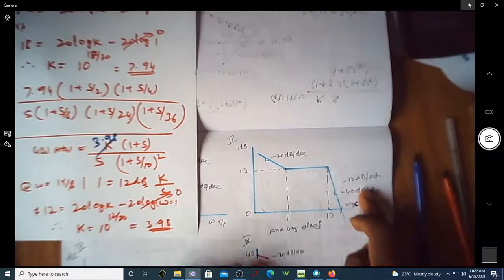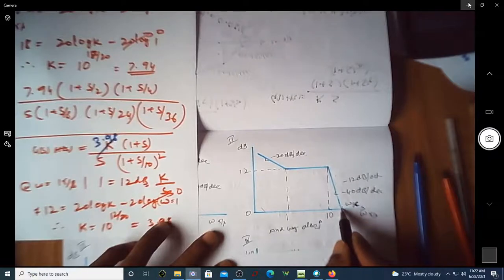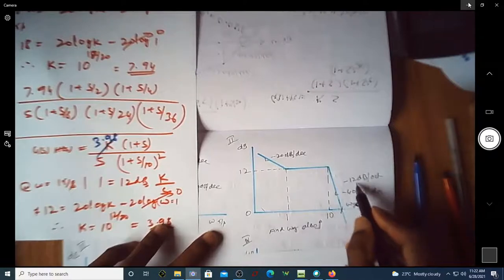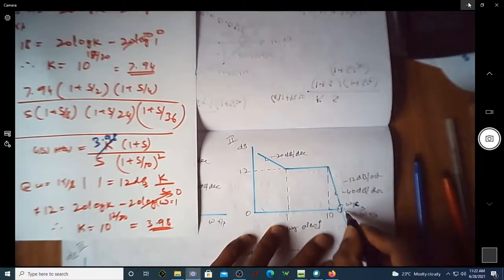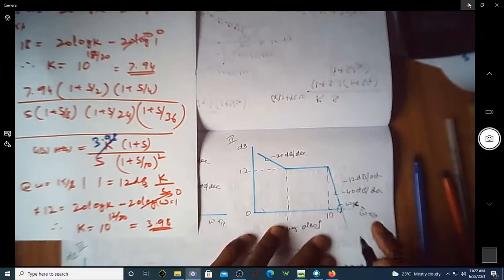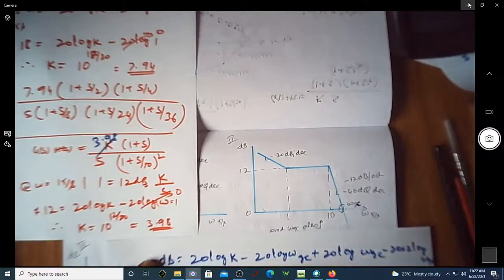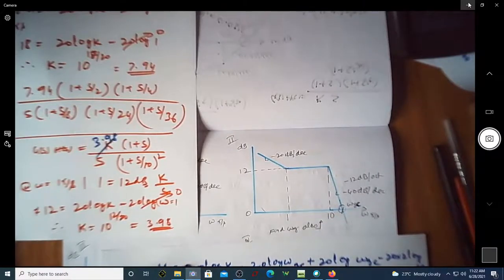Since it is minus 12 dB per octave, and the magnitude is reducing from 12 to 0, naturally this frequency has to be twice of this. So by graphical observation itself, you can say omega gc is equal to, not 12, it is actually 20. That is 2 times 10, it is 20 radian per second.